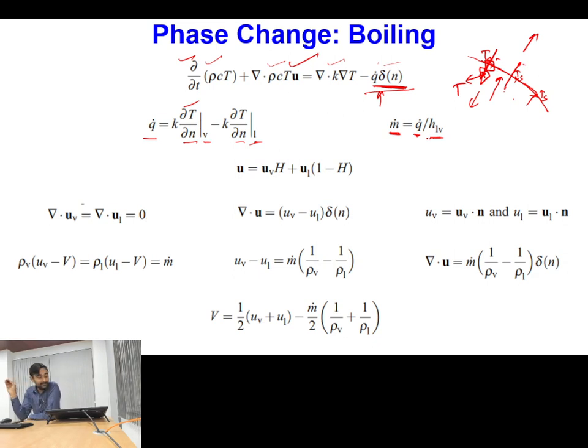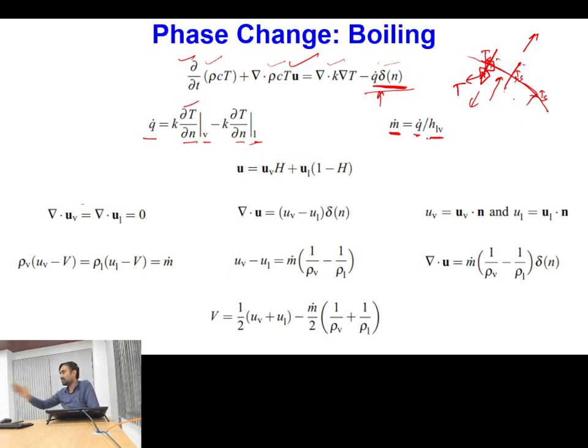But when I have mass transfer, what will be happening? During mass transfer, the fluid 1 and fluid 2 velocities across the interface will not be the same. There will be some different velocity in fluid 1 and a different velocity in fluid 2. Then only is the interface getting converted, with some fraction converting into vapor.